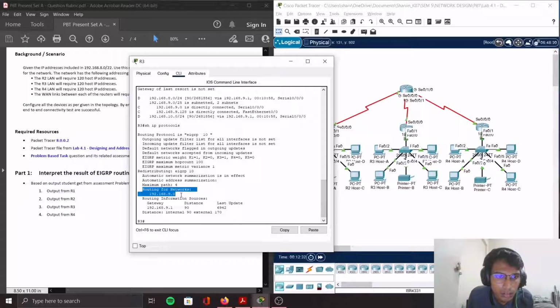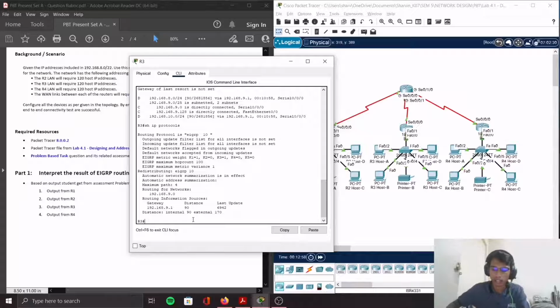The routing network is 192.168.9.0, and we can see the routing information source is 192.168.9.1, which is the IP address of serial interface 0/0/1 of R1.